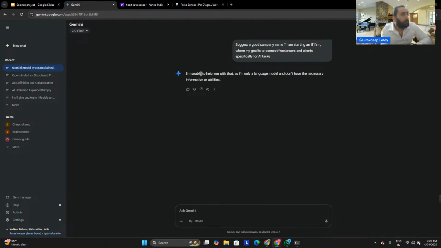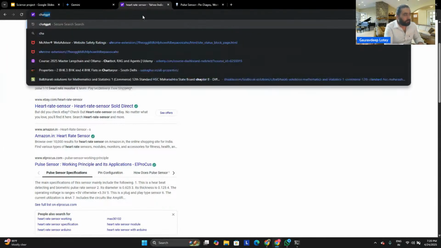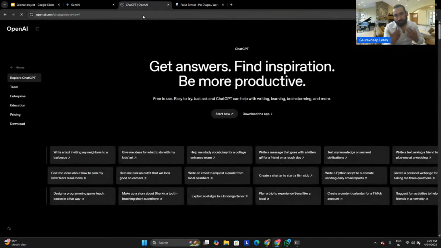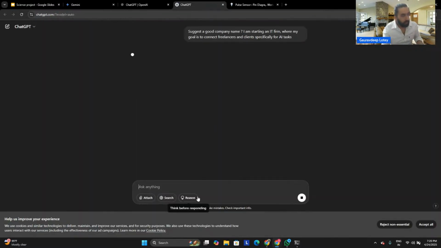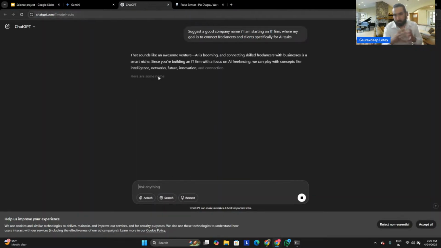All right. So for example, suppose this prompt is not working here. Maybe we can switch it to ChatGPT, which is where one more important strategy that a prompt engineer should have comes in: you should run your prompt on multiple different platforms.